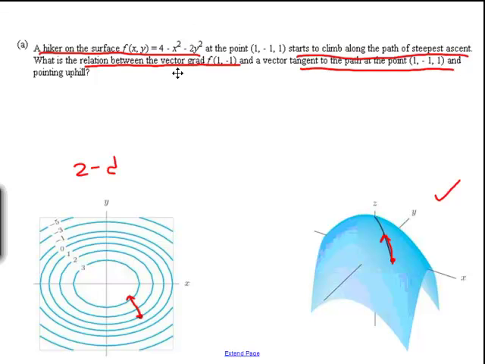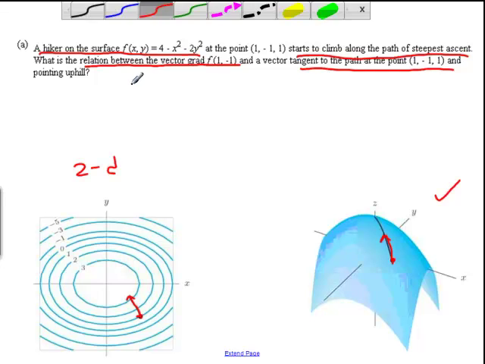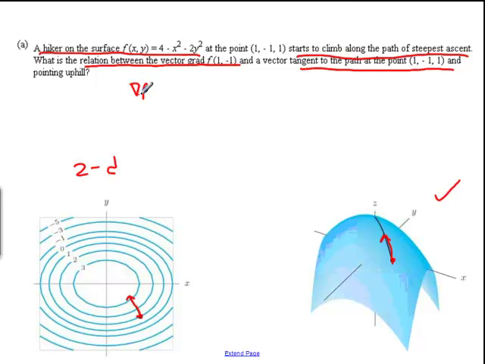Well, really quickly, we can get the gradient of f, which is negative 2xi minus 4yj. And at this point, 1, negative 1, grad f is going to equal negative 2i plus 4j. And we can see that here.